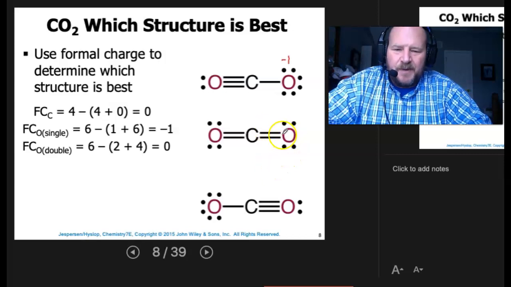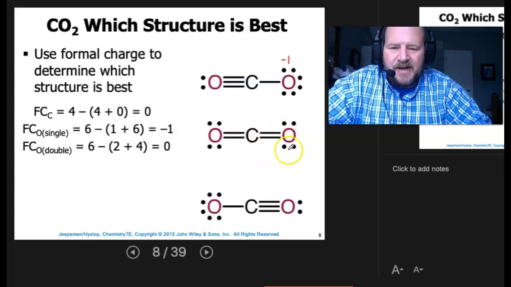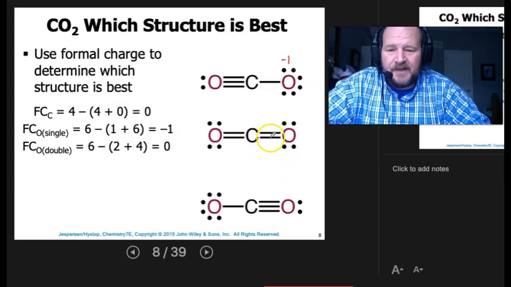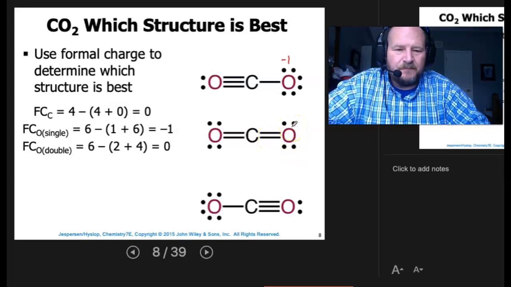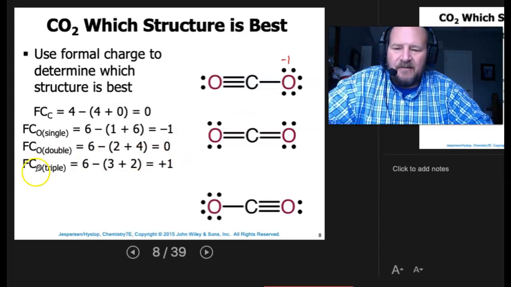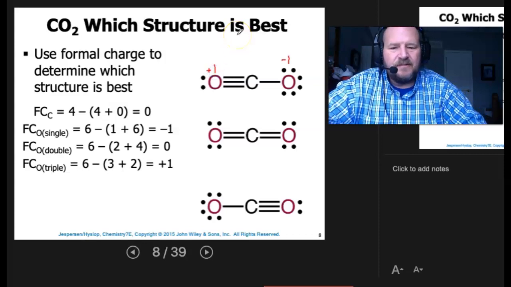If we have a double bond, we have 6 minus 2 for the double bond, minus 4 lone pair electrons, which now gives us 0. And now the formal charge for the oxygen with a triple bond: we've got 3 bonds, only 1 lone pair, which gives us a plus 1 on the oxygen.